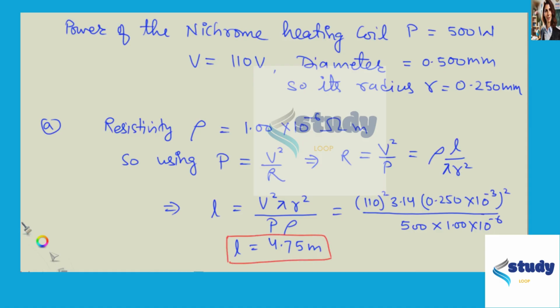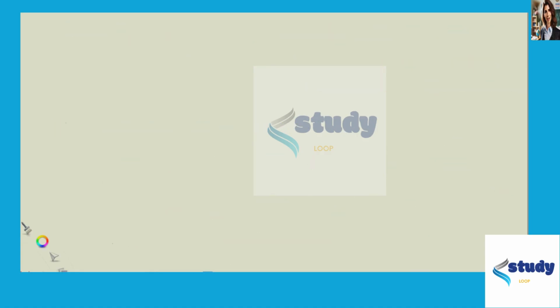Now in the second part of the problem, this time we have to consider the variation in resistivity. So resistivity at initial temperature, that was 1.00 into 10 raised to the power minus 6 ohm into meter at T1 is equal to 20 degrees Celsius.